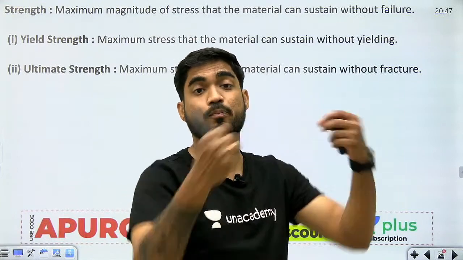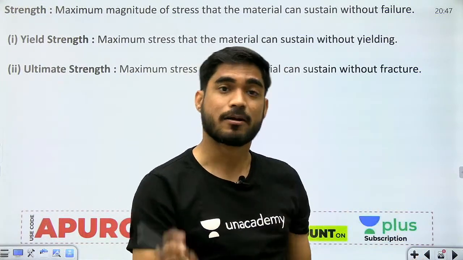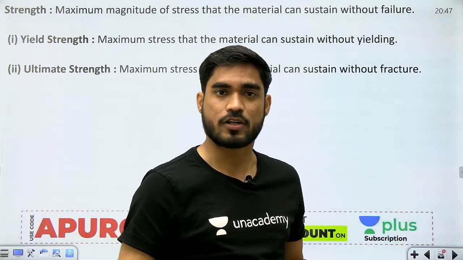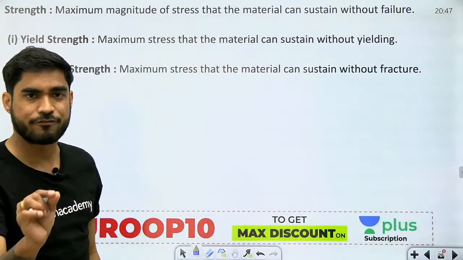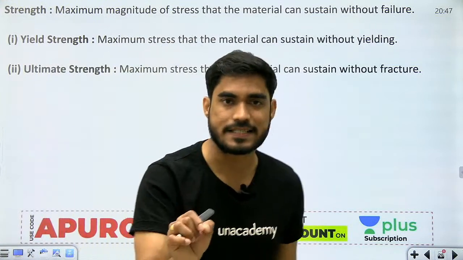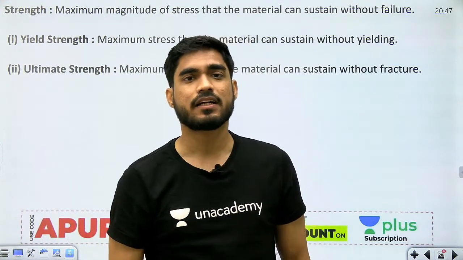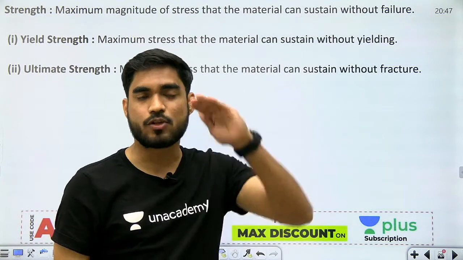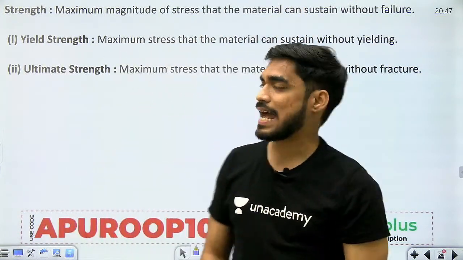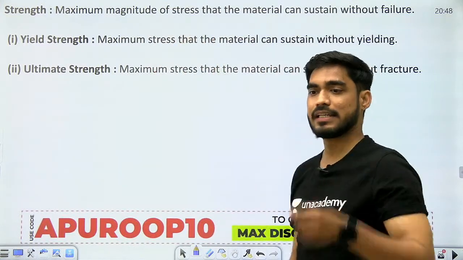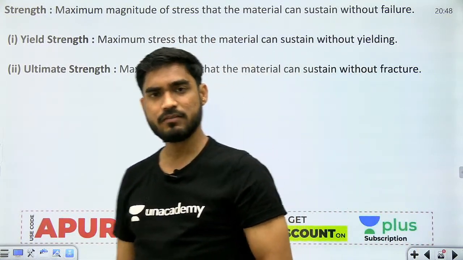Although your material is not broken, it is not fractured, but it has failed, because now the size and shape is completely changed. So beta, if yielding is the failure, then the maximum stress you can apply without yielding will be known as yield strength. Yield strength का मतलब क्या है?